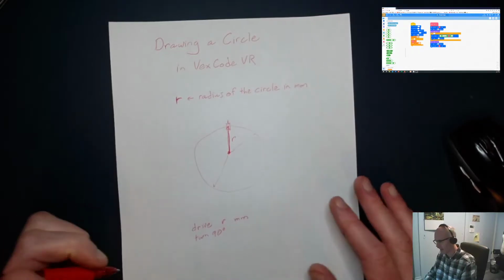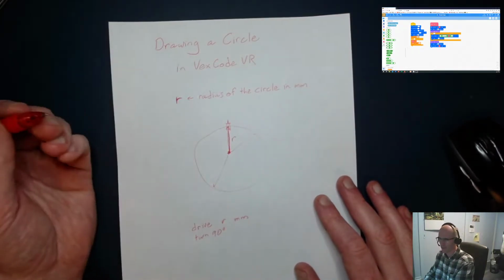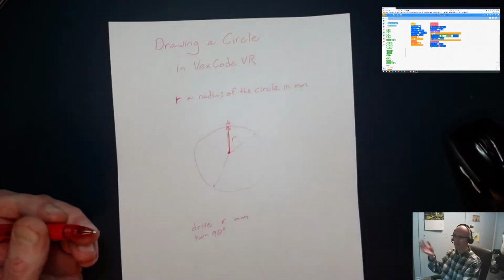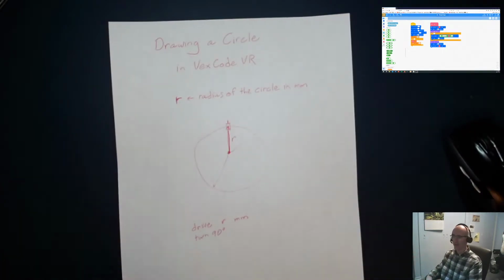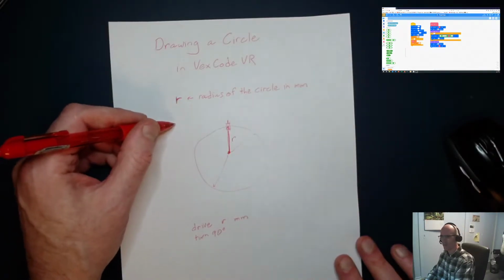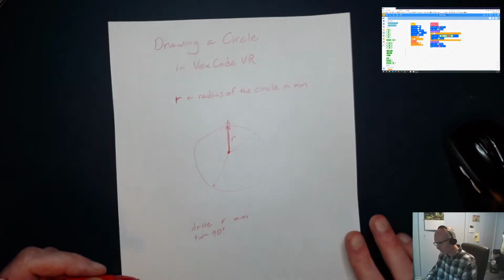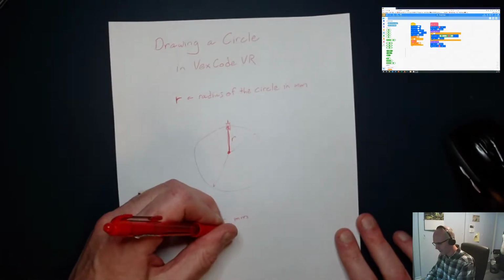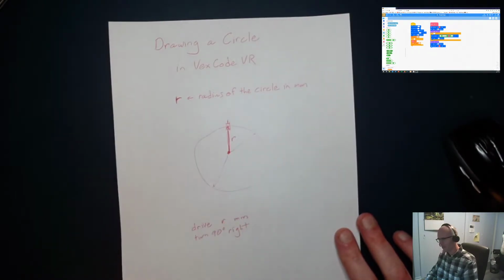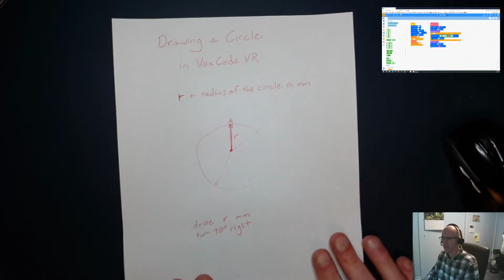It doesn't really matter. Do you want clockwise or counterclockwise circles? In fact, if you're creating a generic circle drawing program, you might include that as one of the variables that gets passed into your subroutine, a 1 for clockwise, a 0 for counterclockwise, and you could have multiple variables passed in. But we're just going to turn 90 degrees to the right. There's no particular reason I've chosen right.